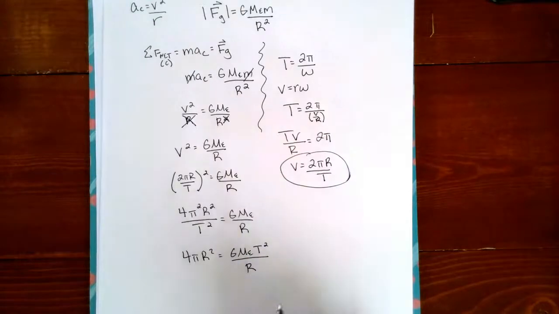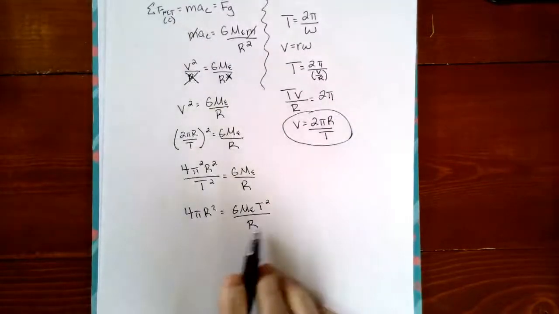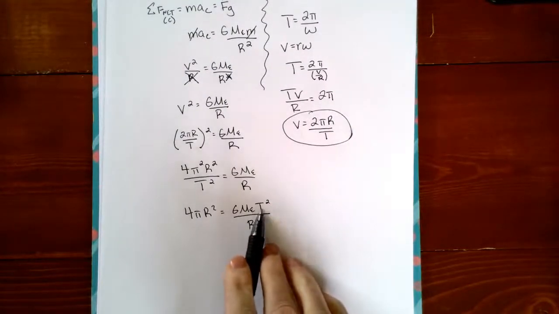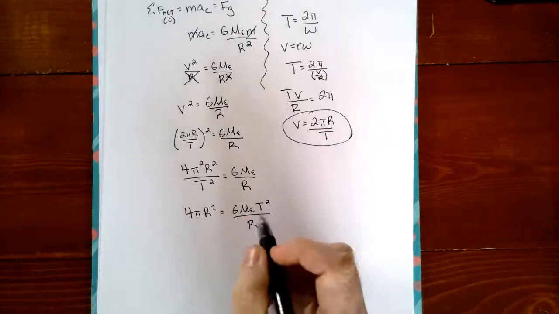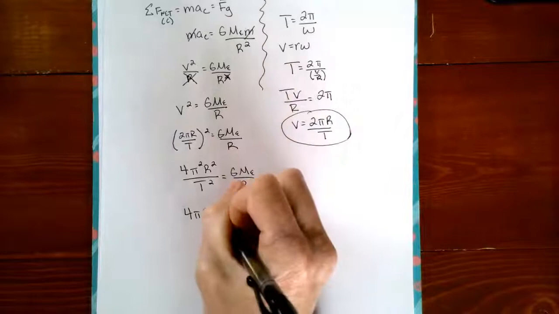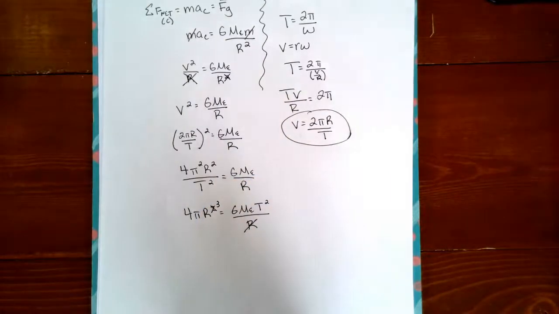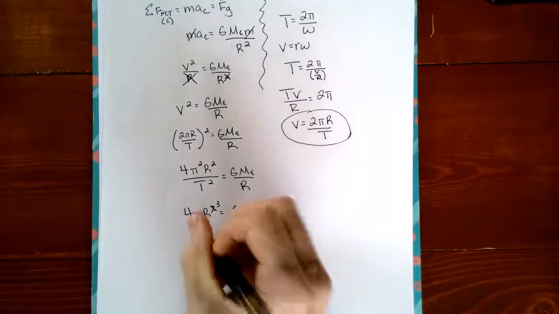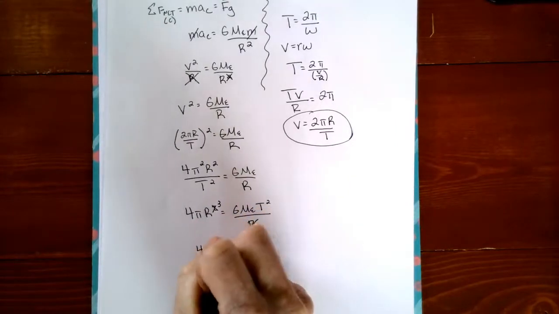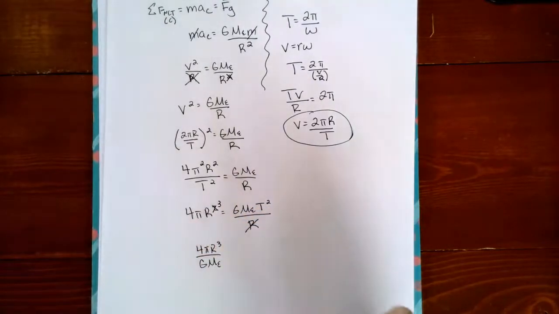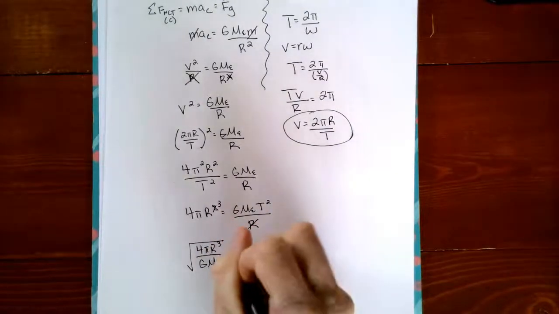So notice this is where if you multiply both sides by r, this r cancels, but then we get r cubed. So now to solve for T squared, 4 pi squared r cubed over G mass of the Earth, and the square root of that. And we are finally done with the biggest time commitment in this problem.